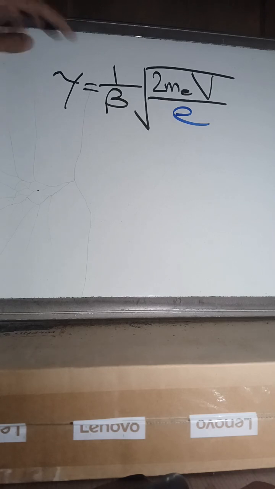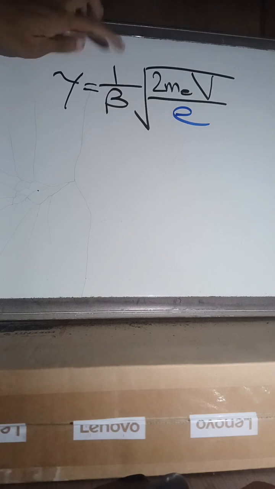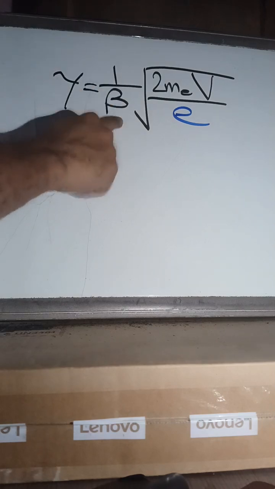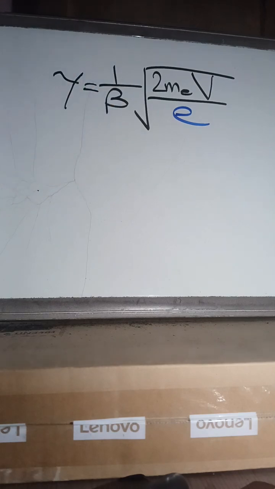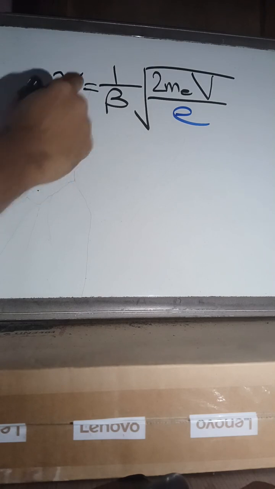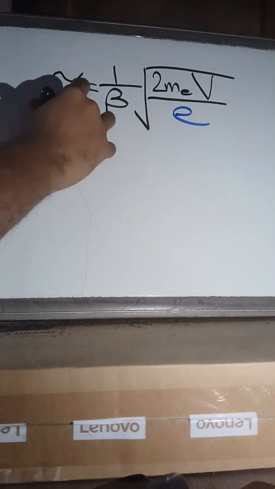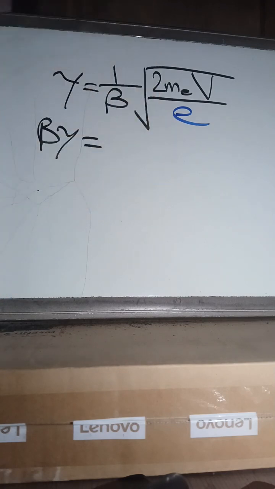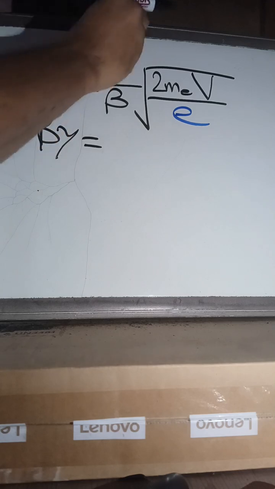Okay, so to make your life simple, get rid of this. So multiply this letter by both sides. If you multiply this by this B and this by that B, you'll end up with this weird looking Y. And then B times this, you end up with that.